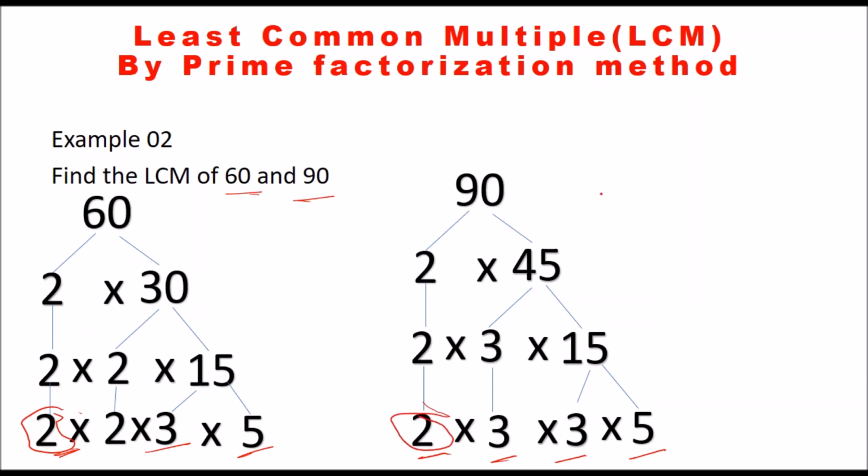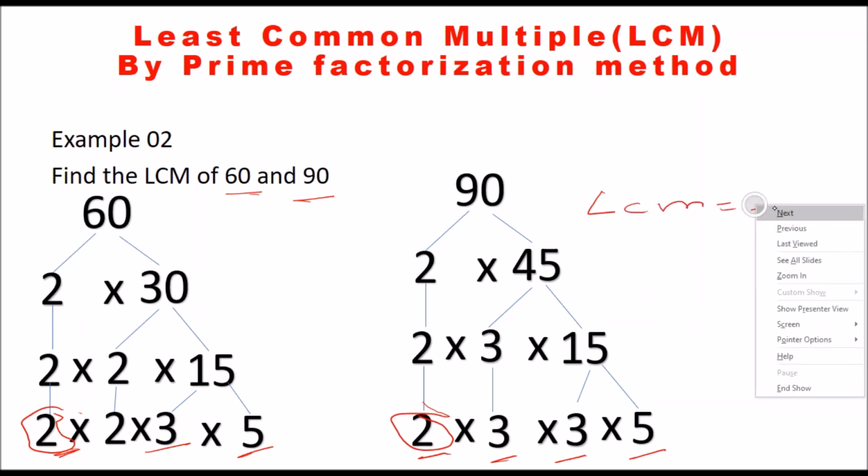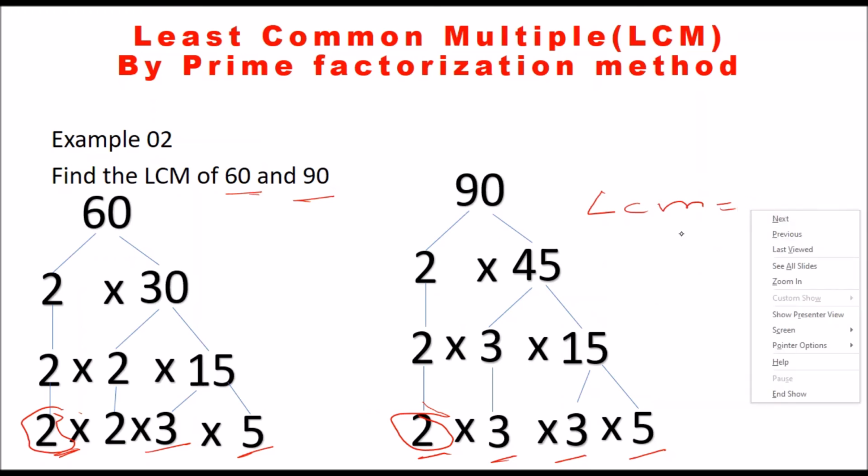So the LCM will be equal to 2. We write only one 2 to represent this pair of 2s.